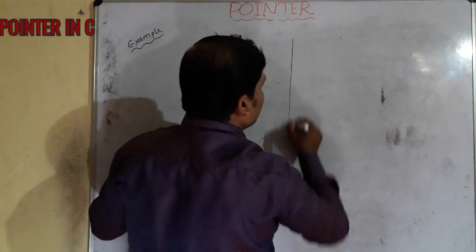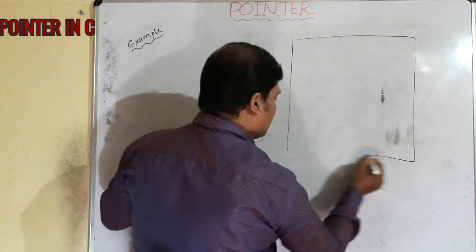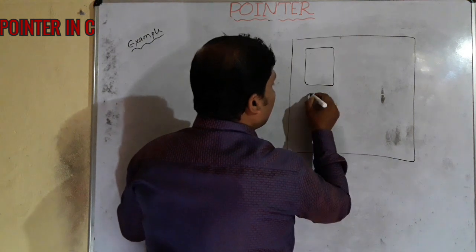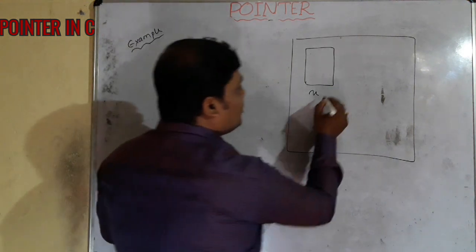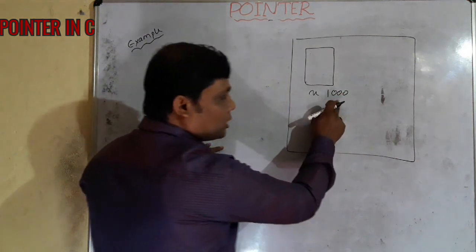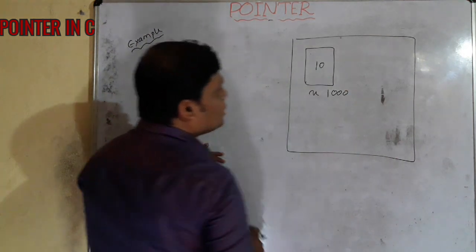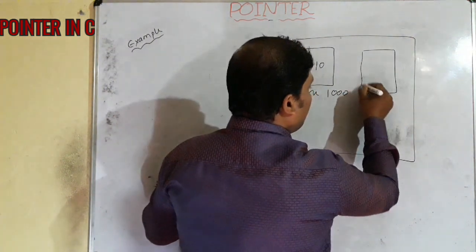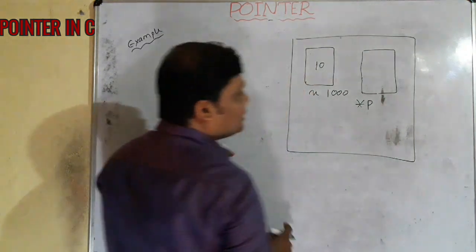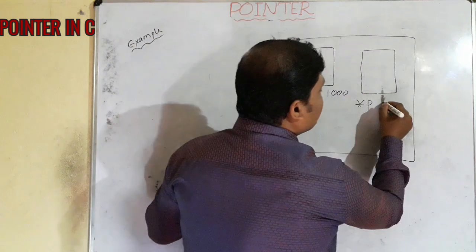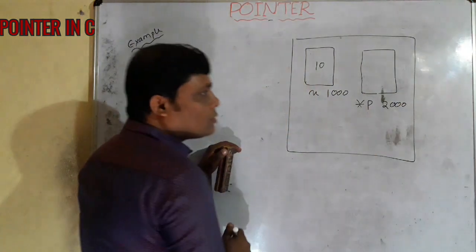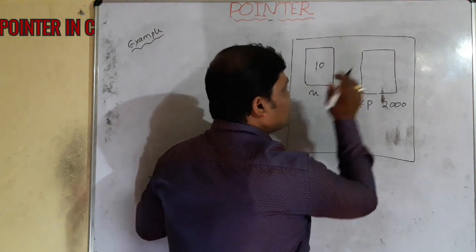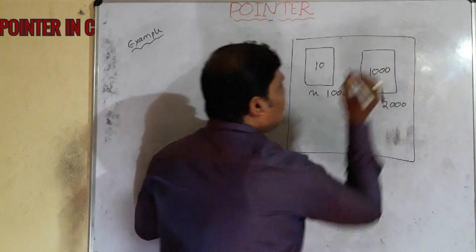Suppose this is your memory, and I have taken one variable x having memory address suppose 1000, and I am storing the value of x as 10, and I am taking one same type of pointer, that is p, and its address is 2000 suppose, and we are storing the address of x in p.